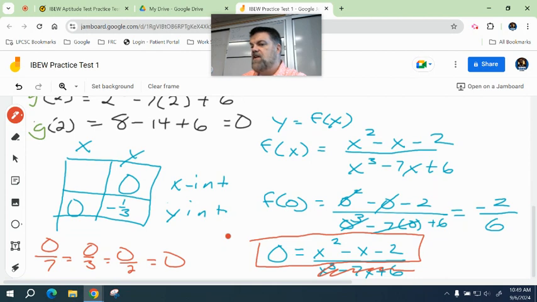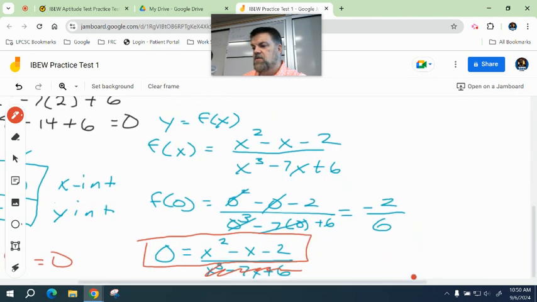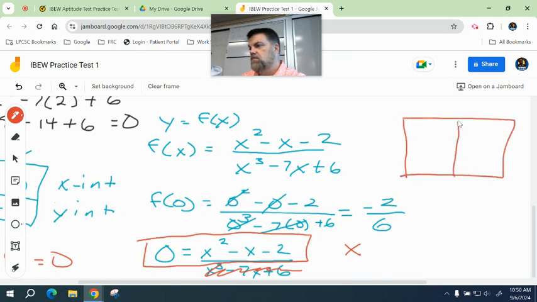So now to do that, I'm going to have to factor this. That's the tough part. We're almost done. Remember how we did this? We have x squared and then the minus 2 here. So that factors into x times x.